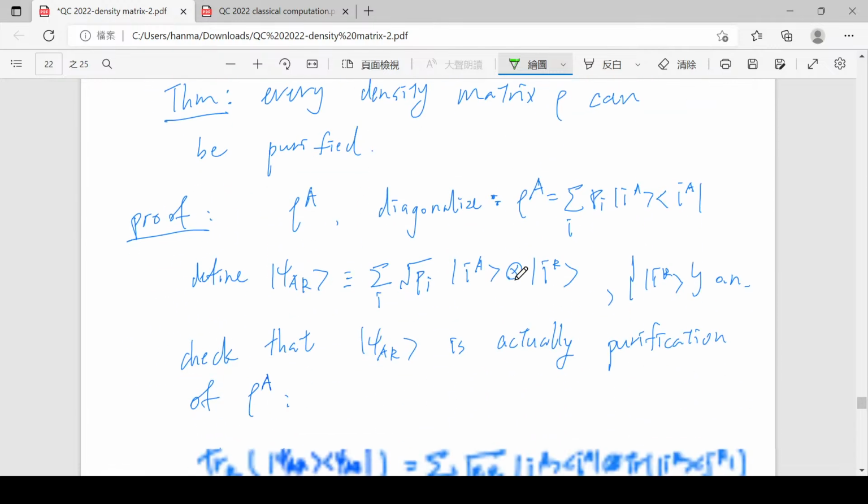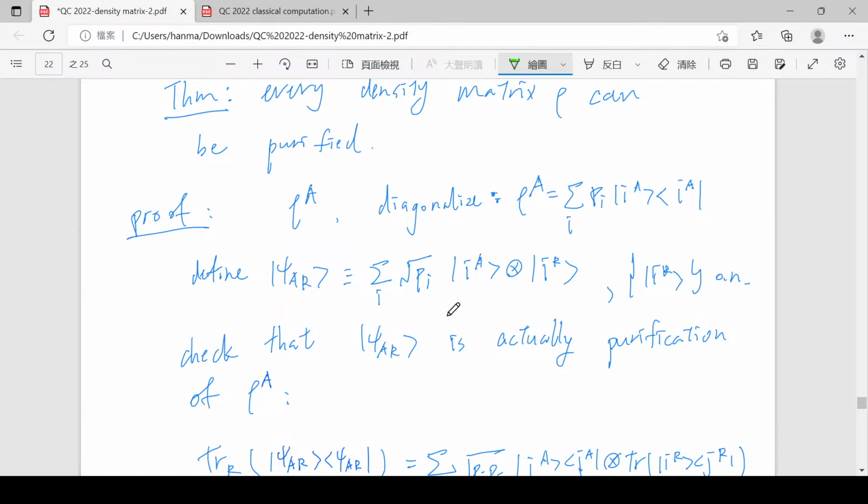And you can see that we have some freedom here, because this ir only needs to be an orthonormal set. You can rotate it a little bit and it's still an orthonormal set, and it will still be a purification of rho A.